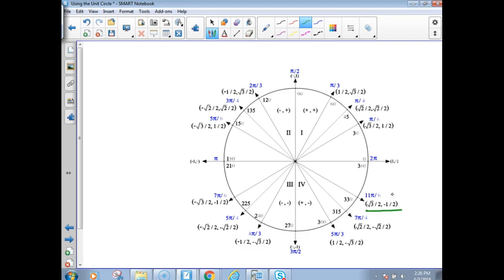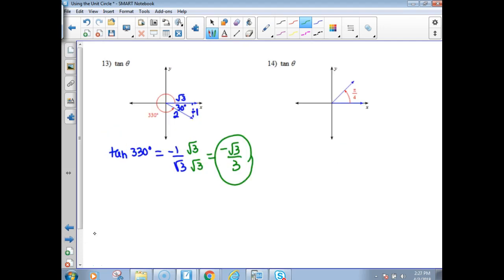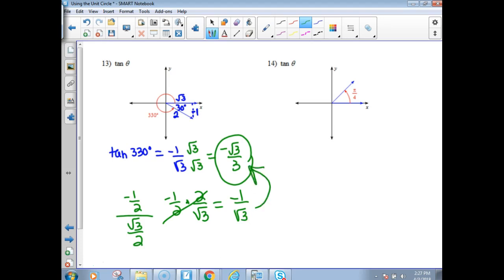We could have done -1/2 over square root of 3 over 2. All that makes us do is take -1/2 times the reciprocal. Okay, you still get the same answer. You can do y over x from your unit circle. You just have to rationalize that. Okay, it's not that hard.